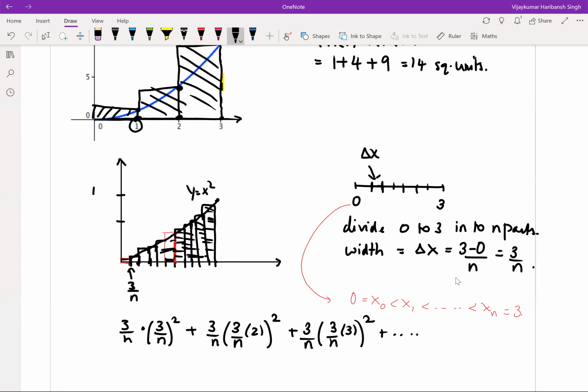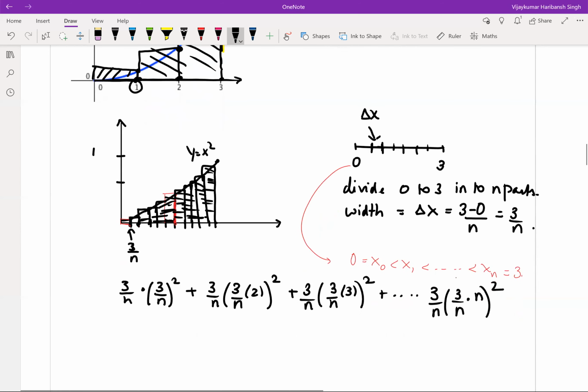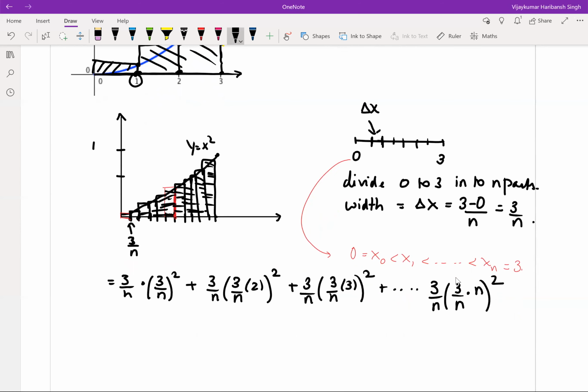The height of the last one is going to be 3 by n times n, the whole square. All right. So such a sum, let's call it Rn. So you're using the right hand points, the value of the function at the right hand point for the height. You can also call it the right hand Riemann sum if you want, or right Riemann sum if you want.